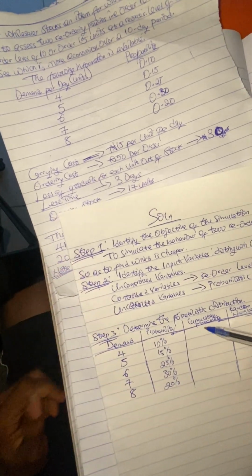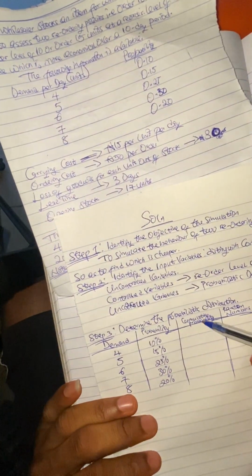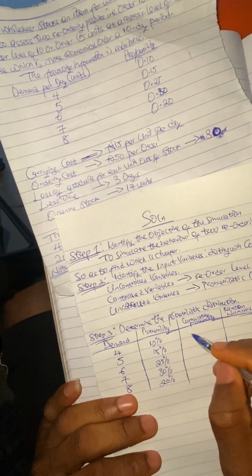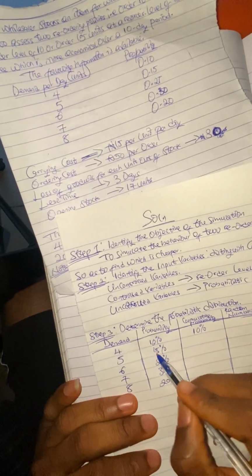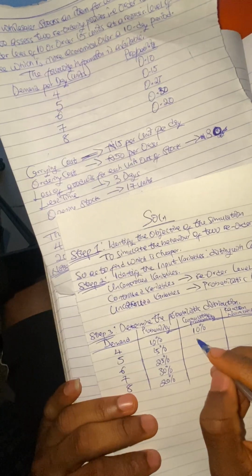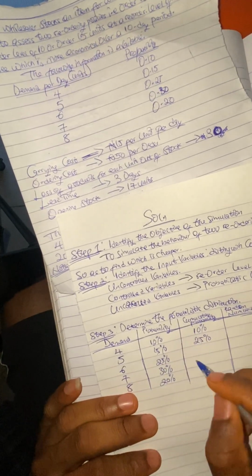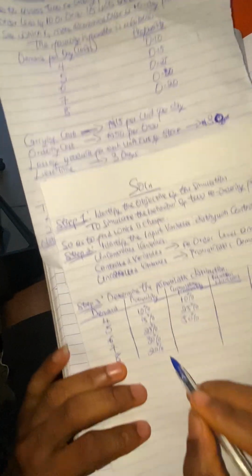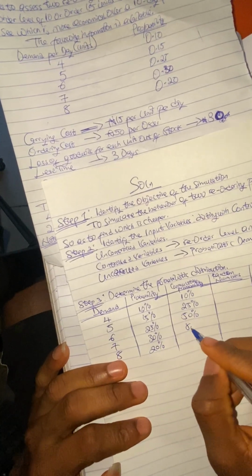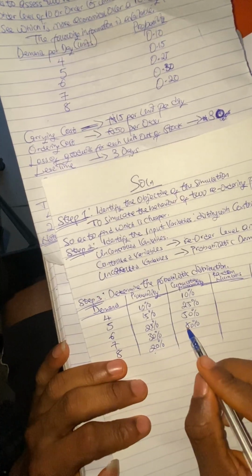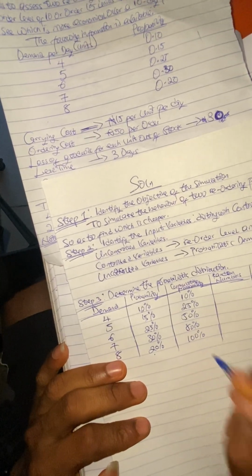Our cumulative probability will now be 10% first. Then 15 plus 10 gives you 25%. 25 plus 25 gives you 50%. 30 plus 50 gives you 80%. And then 20 plus 80 gives you 100%.